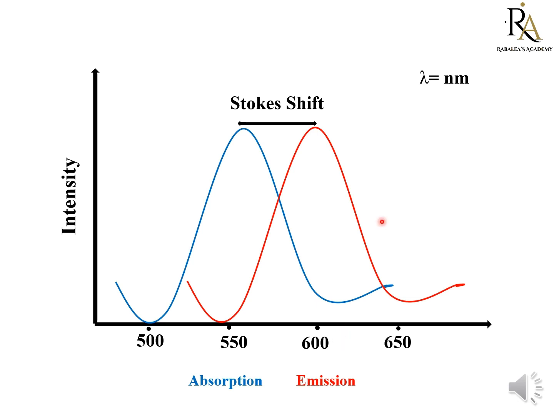So there's a difference, or a Stokes shift, of 50 nanometers. Intensities of both radiations would be the same, but their wavelengths and energies are different. The wavelength of emitted radiation is greater, meaning its energy is less, because both are inversely related.